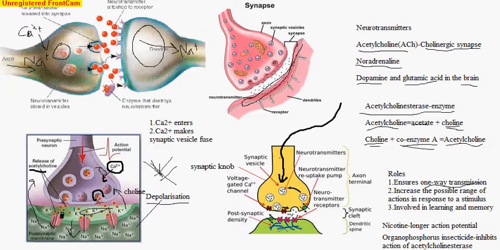So this synapse, we have to know that one neuron can have many synapses, so it can get information from many other neurons. Okay, so that's the reason we have this synapse, and that's the reason they are very important.